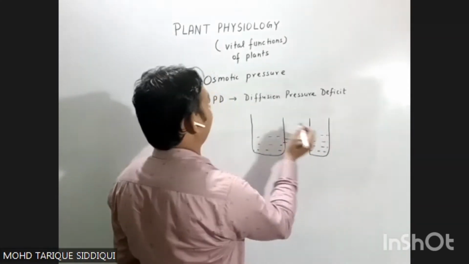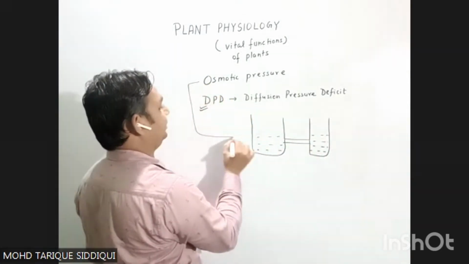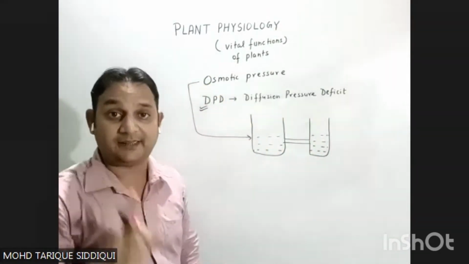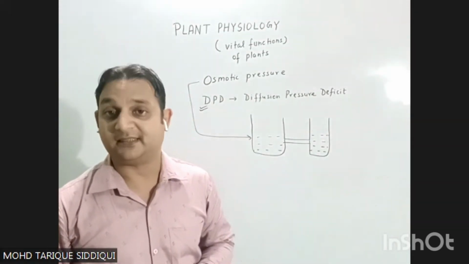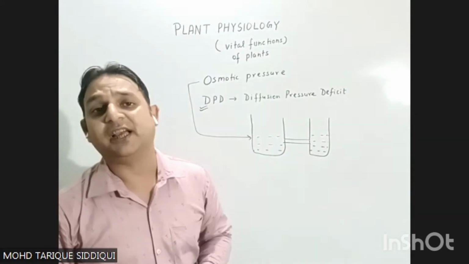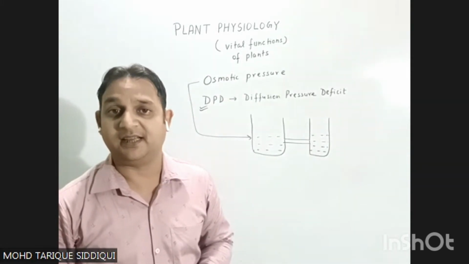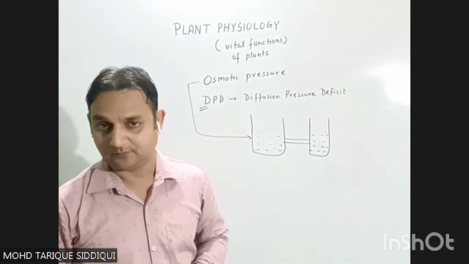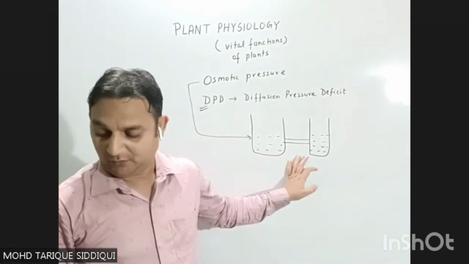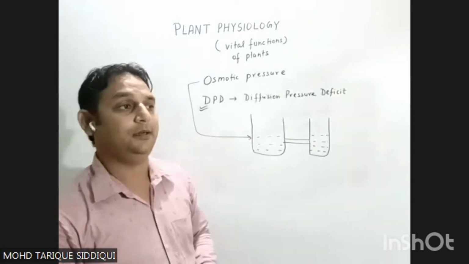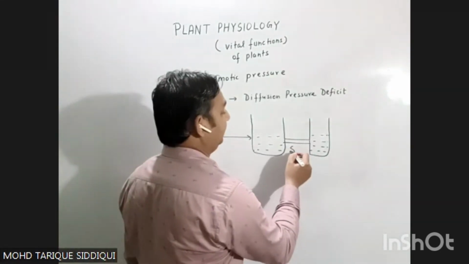So, what is osmotic pressure? It is a pressure exerted in that solution. Osmotic pressure is a pressure developed in that solution which can prevent osmosis in that solution when the solution is separated from pure water by semi-permeable membrane.